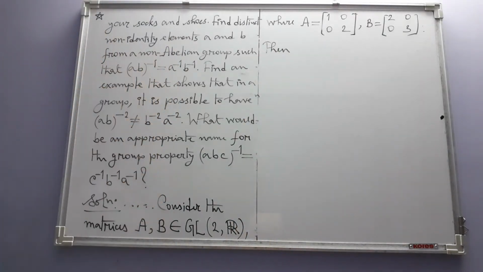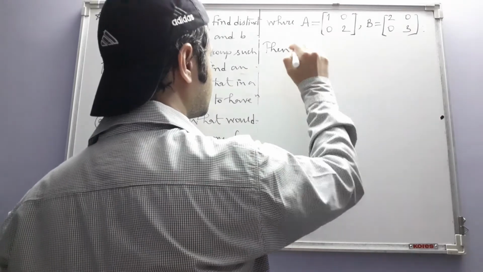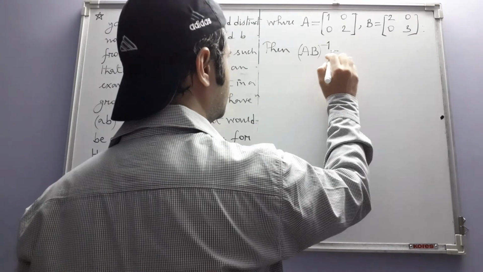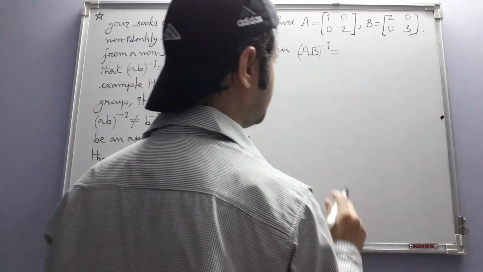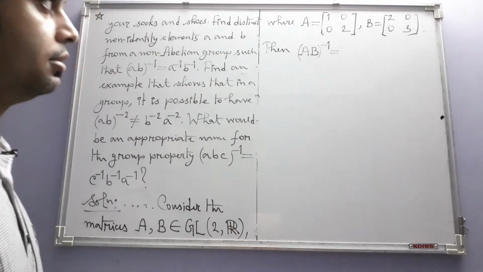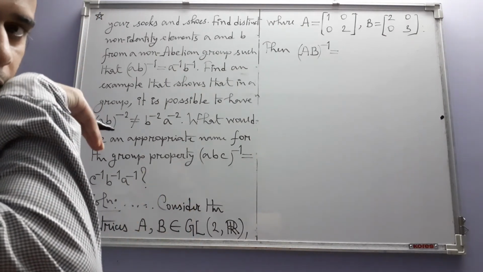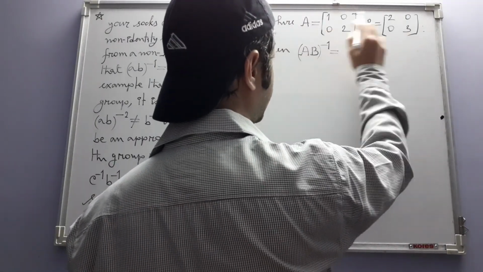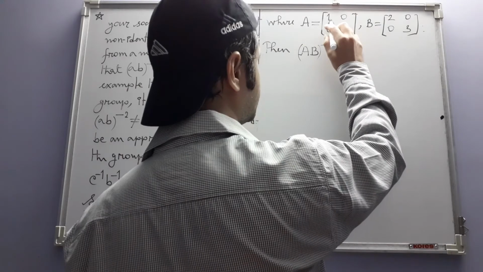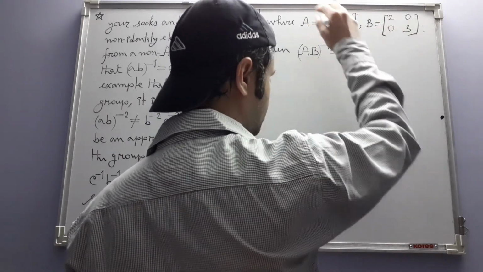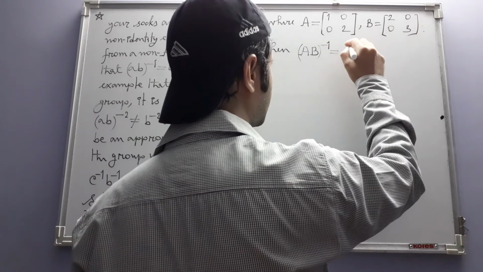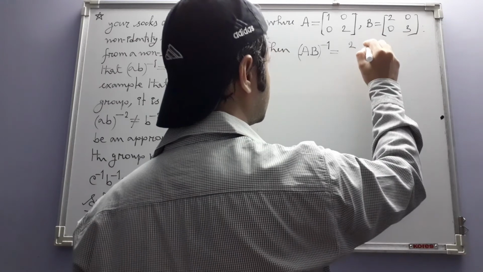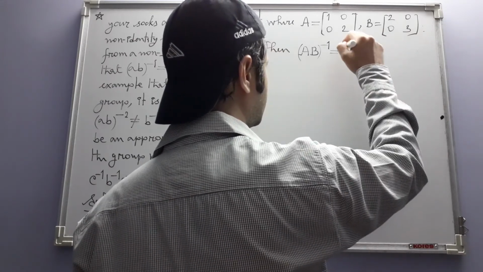Let us calculate (AB) inverse. AB, if you calculate, multiplying diagonal matrices is very easy. You just multiply corresponding diagonal entries, that's all. Or if you want, you can actually multiply and see that the matrix again will be a diagonal matrix where the first diagonal entry coming in this way is 2 times 1, 2, and the second diagonal entry is 2 times 3, 6, and the off diagonal entries are 0.